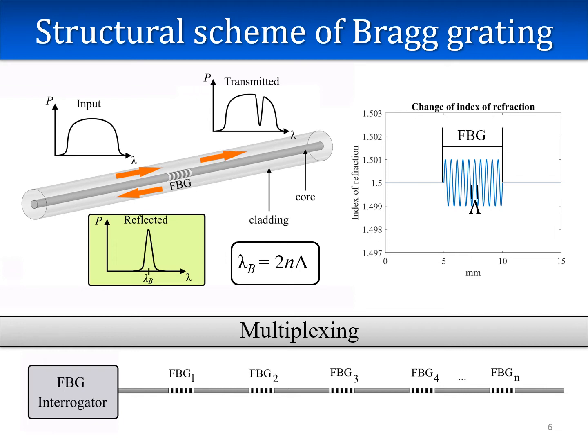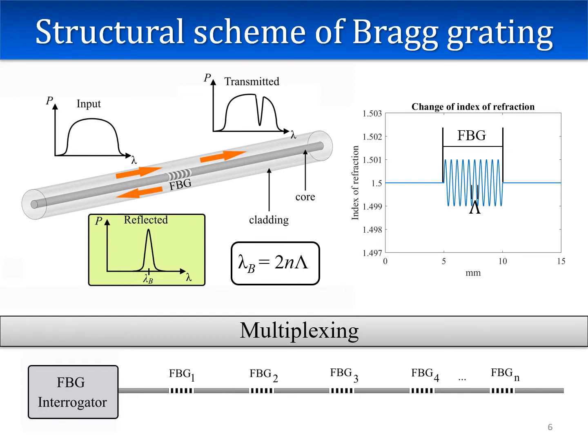The interrogator generates and transmits through the optical fiber an optical signal, which is a wide-band signal in the prescribed interval of wavelengths. This signal is partly reflected from the Bragg grating. The main part of the reflected optical signal has a wavelength which is the resonance wavelength of the reflected signal.